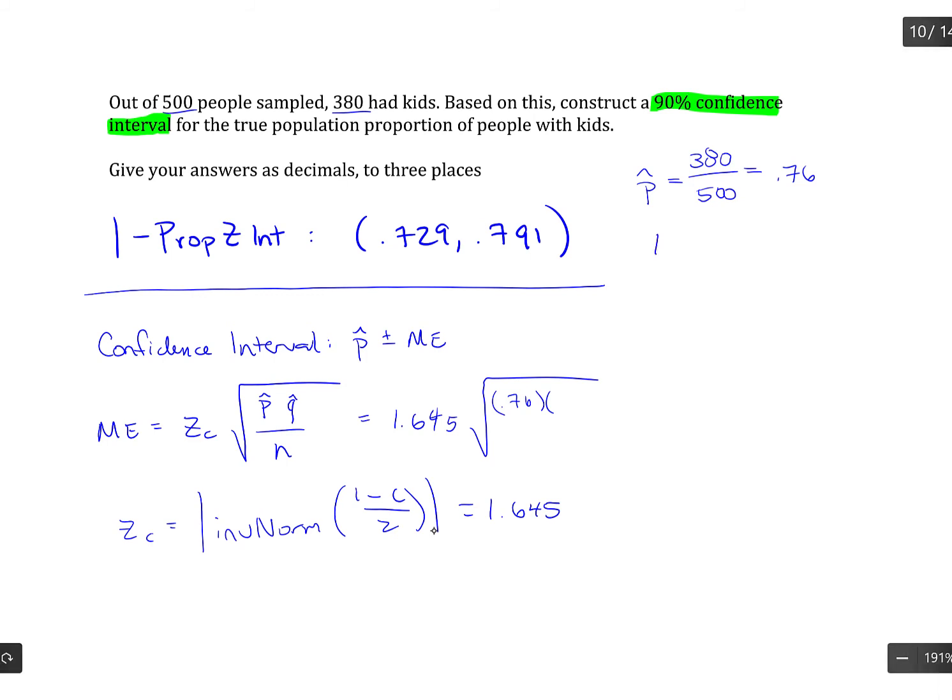So it's 0.76 times q hat. Well, q hat is 1 minus p hat. So 1 minus 0.76 is 0.24. So 0.24, and then divide by n, which is our sample size of 500, all under the square root.